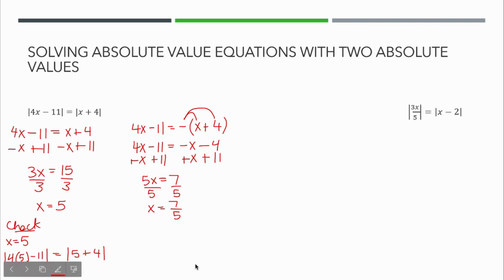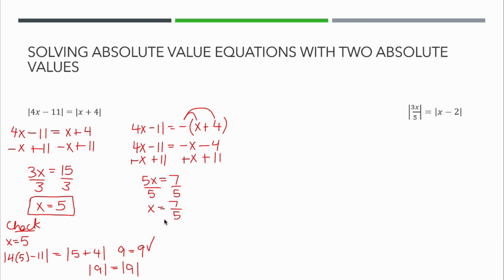So this becomes the absolute value of 4 times 5, which is 20, minus 11, which is equal to 9, is equal to the absolute value of 5 plus 4, which is equal to 9. Now, the absolute value of 9 is 9, and the absolute value of 9 is also equal to 9. So this is correct, and x equals 5 is a solution.